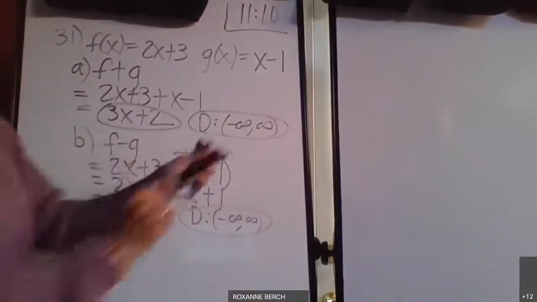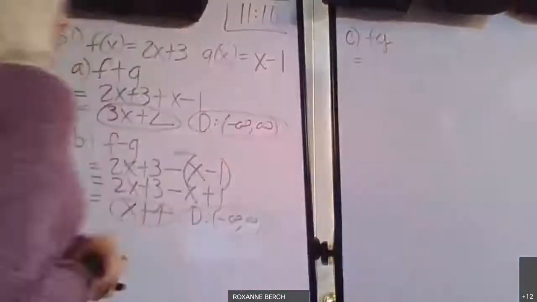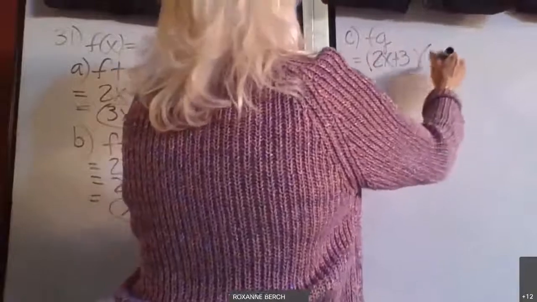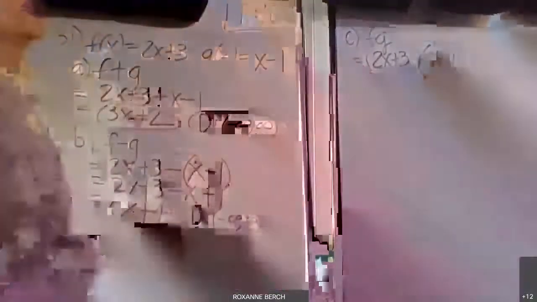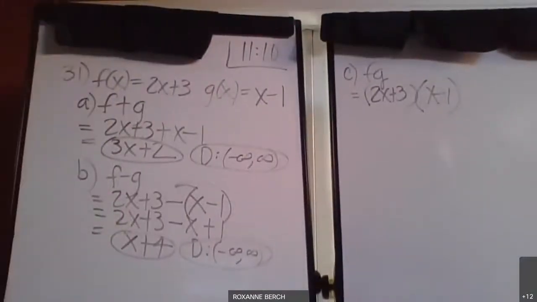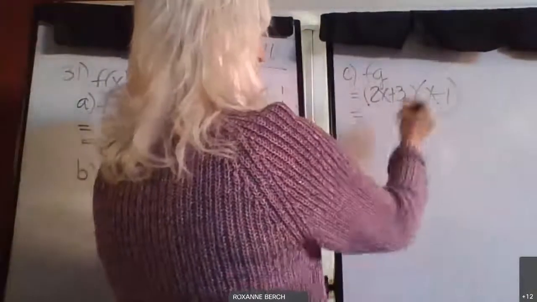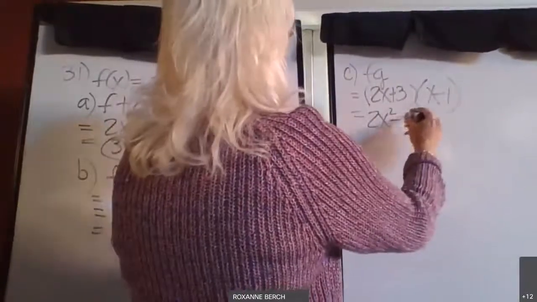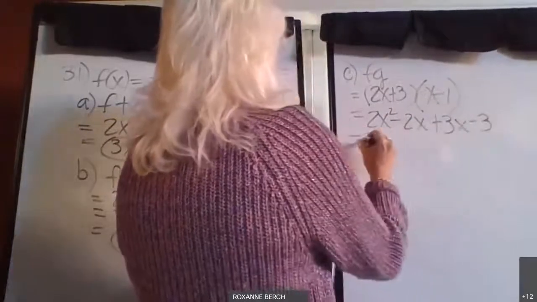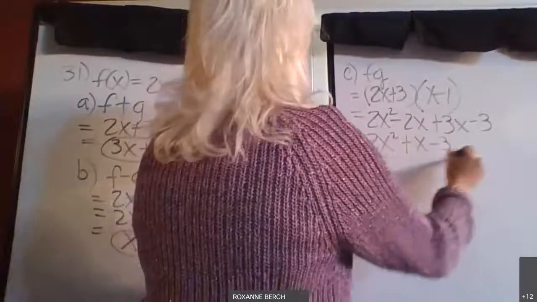All real numbers. So in C, you have f times g. Well, what does that mean? It means that quantity times that quantity. So they both have to be in parentheses. If you don't put them both in parentheses, it's wrong. So now you FOIL. First would be 2x squared, outer would be minus 2x, inner would be 3x, and last would be negative 3, and you combine like terms. 3 minus 2 is 1x, and what is that?